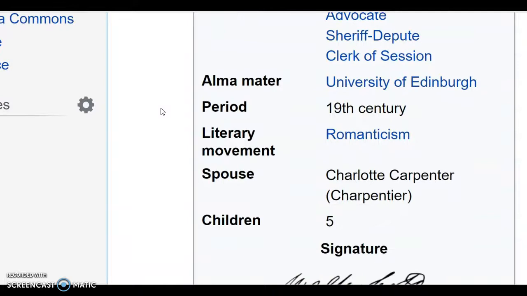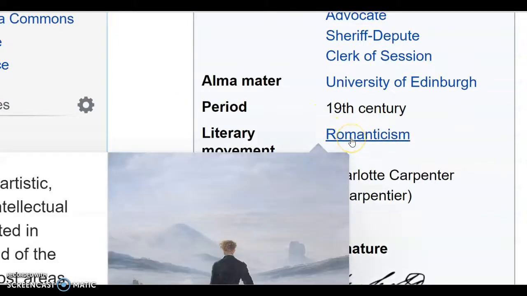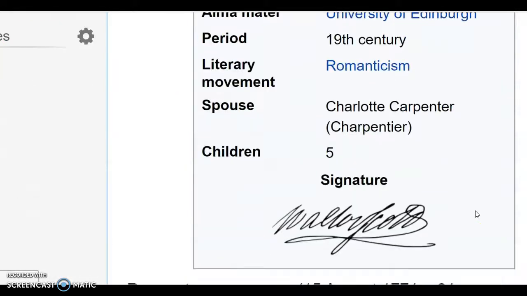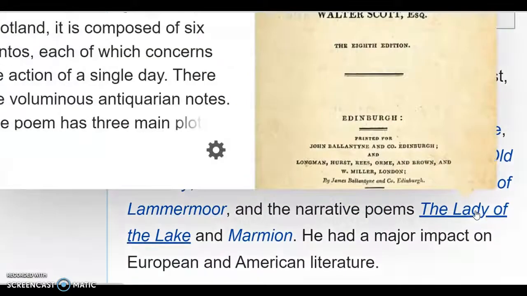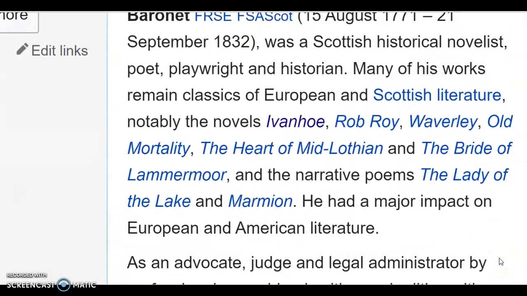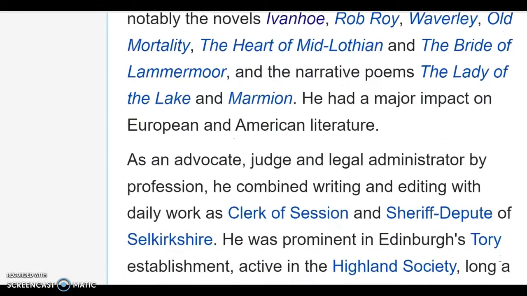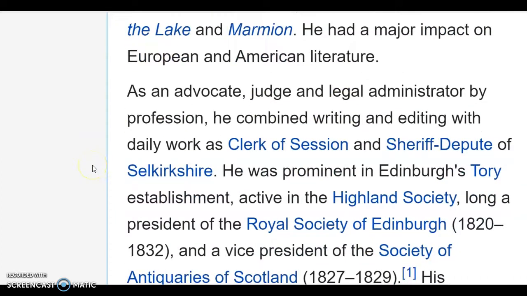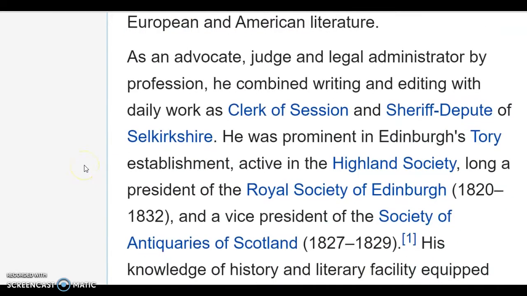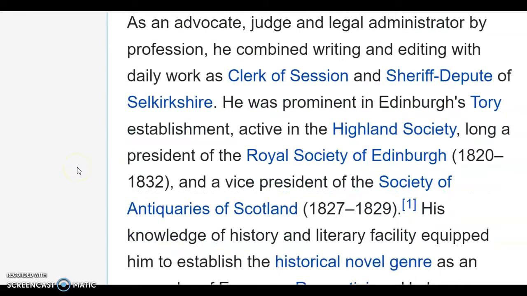One of the very important people. Romanticism. European and Scottish literature. Very influential writer. Major impact on European and American literature. Basically one of the creators of the Roman Empire idea. Obviously that's not going to be written in here, but that's basically what it is.